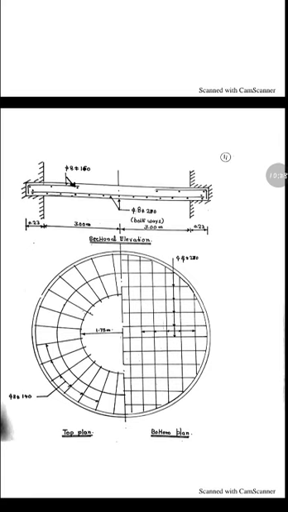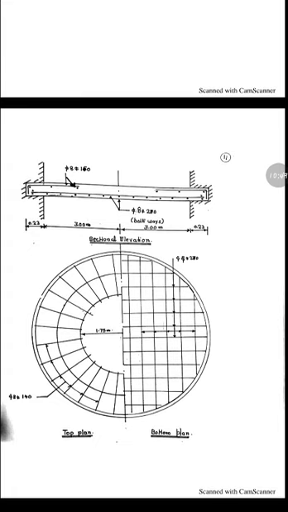And at the same time, AST for M theta at the support is equal to 0, since the moment M theta at the support is 0. Even though the positive moment is equal to 0, we have to provide at least a single ring.